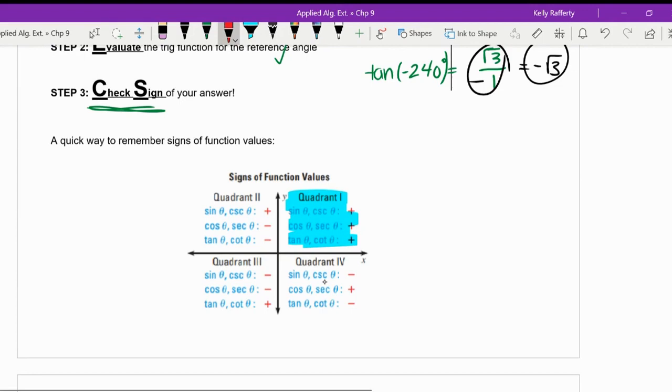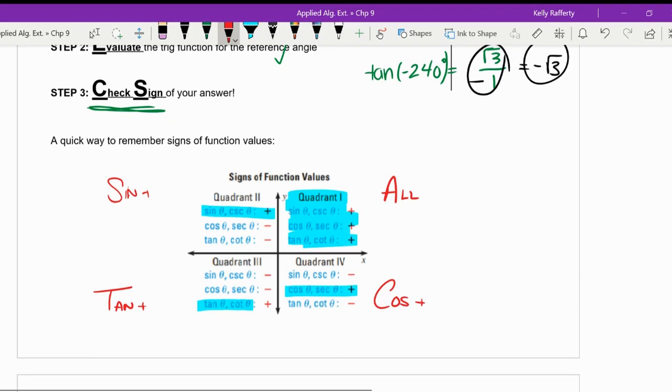So I'm going to write over here, All, nice big capital A. In quadrant 2, only sine and its reciprocal cosecant are positive. So I'm going to write over here, Sine, the big S, is positive. Quadrant 3, only tangent and cotangent are positive. And quadrant 4, only cosine and its reciprocal secant are positive.